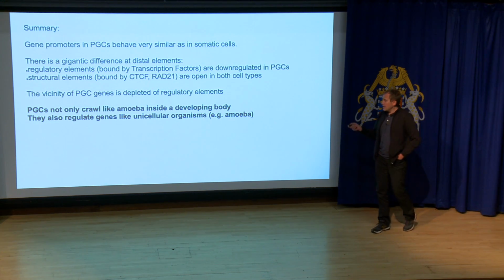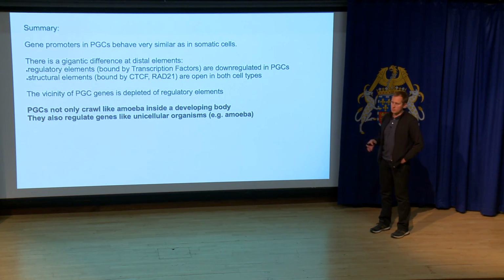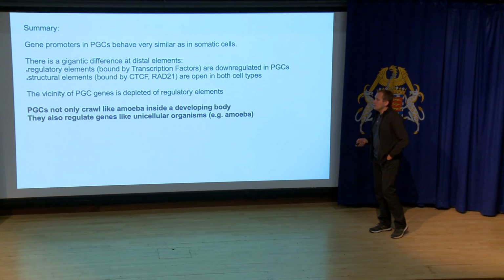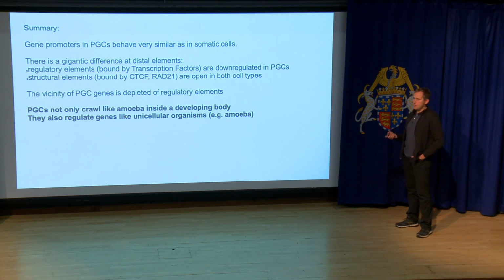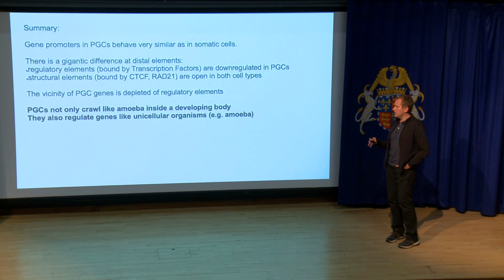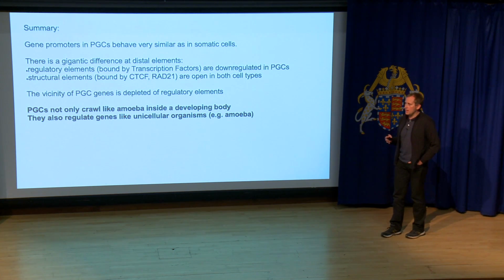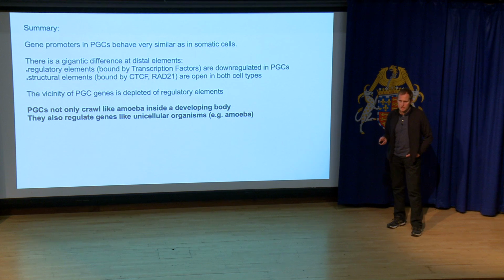And the vicinity of the PGC genes is also depleted for these regulatory regions, which makes total sense in this case. So the outcome is that PGCs not only crawl like amoeba in the developing body, but the regulatory mechanisms are also like in a unicellular organism.